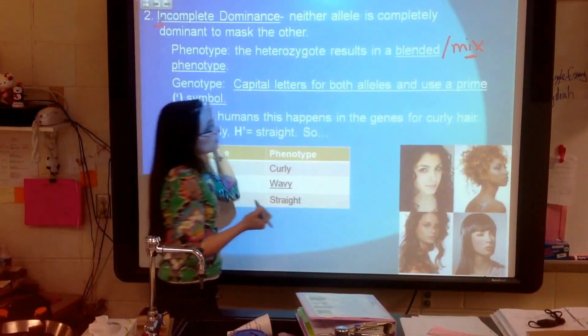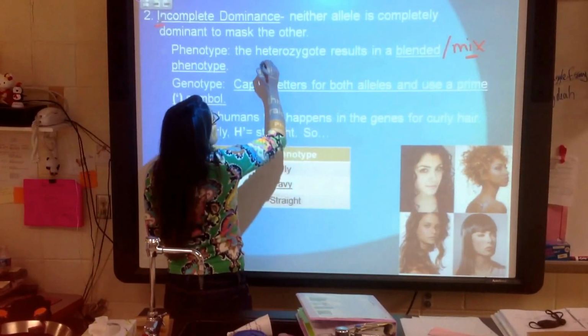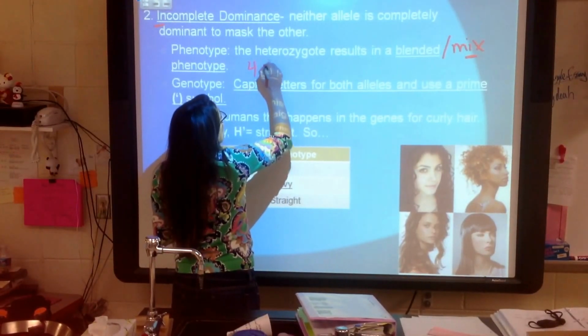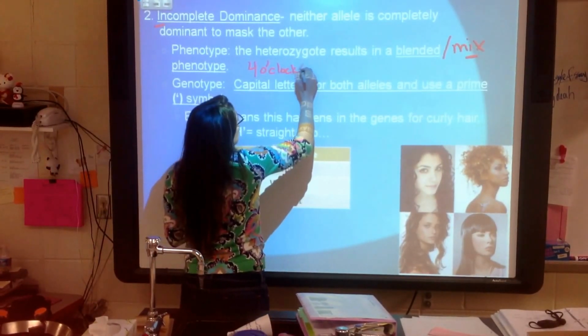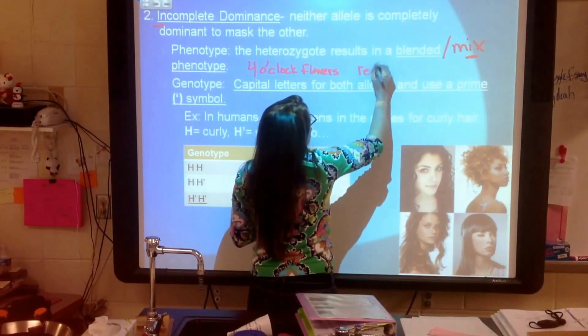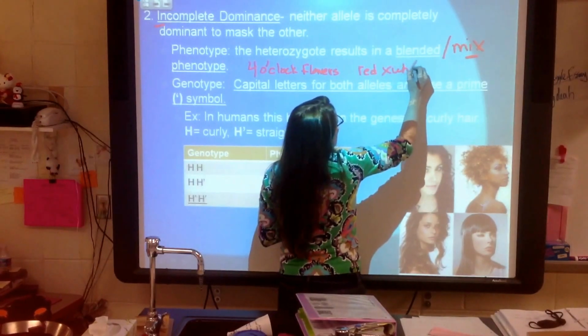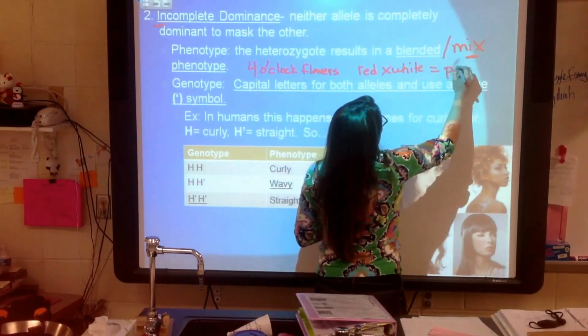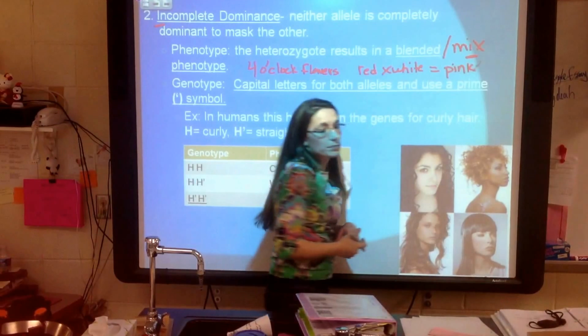So a really good example of blended or mixed is in 4 o'clock flowers. A red times a white flower will actually give us a pink flower.